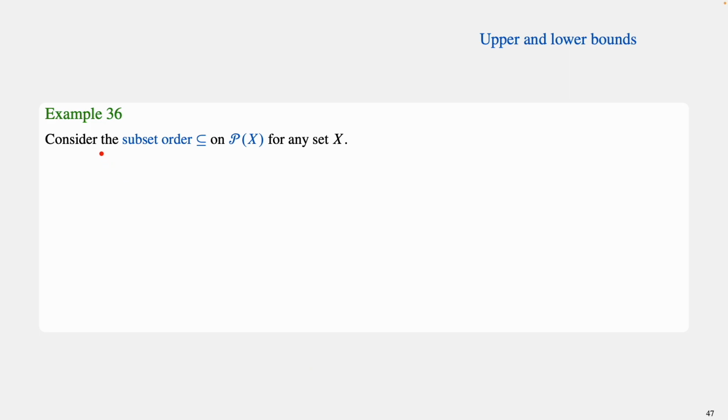And another example, the subset order on the power set of X for an arbitrary set X. If we have two subsets A and B of X, then they have a supremum, or more precisely, the set containing these two subsets A and B has a supremum, which is the union of the two sets.